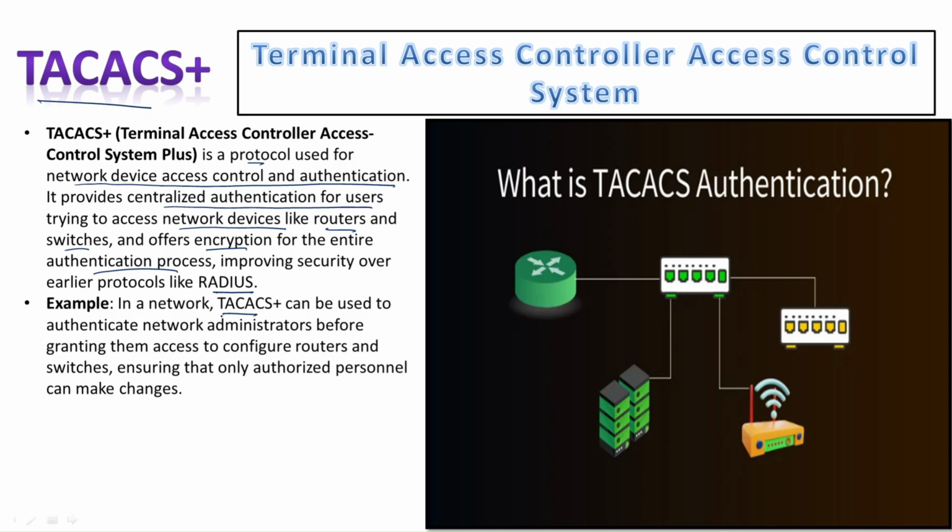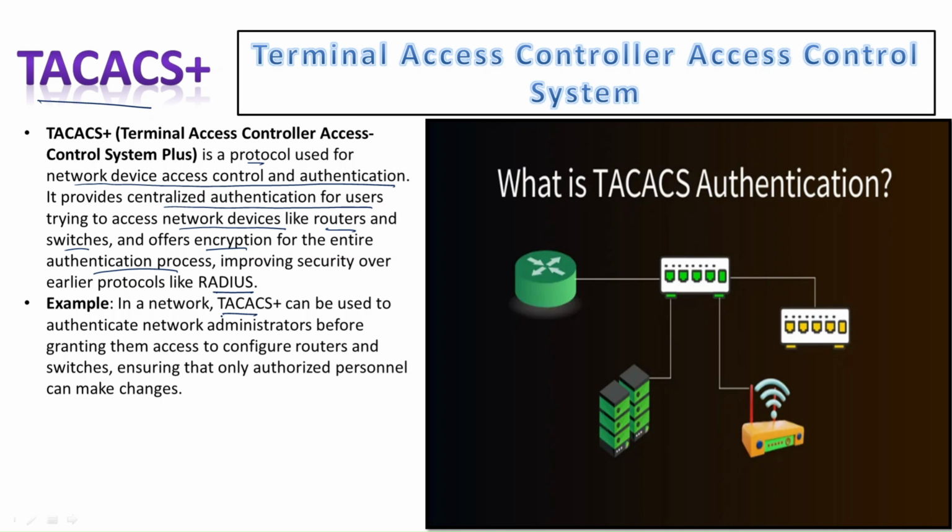TCP/IP, which is Transmission Control Protocol/Internet Protocol. So TCP/IP, or Transmission Control Protocol/Internet Protocol, is a suite of communication protocols used to connect devices on a network such as the Internet.